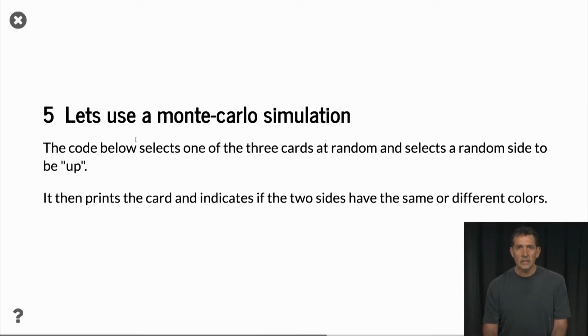So to decide what is the probability of winning $1 or losing $1, let's use a Monte Carlo simulation like we did earlier. We're going to have a little program that generates at random an order for the cards, chooses one of the cards, and then chooses a side for the card, and then prints out the card and the outcome of which side wins.